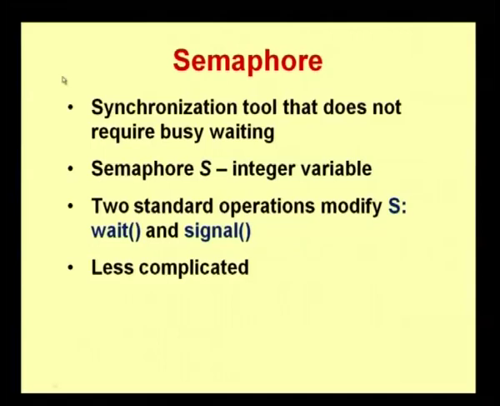Now let us see, a semaphore is a process synchronization tool that does not require busy waiting. This semaphore S is an integer variable. Two standard operations are wait and signal. It is less complicated.